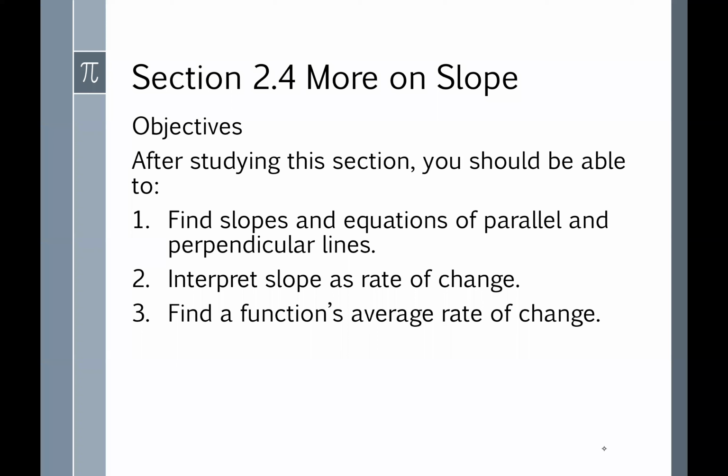But for any function, we can find a rate of change between 2 points. How can we do that? We can take the 2 points, draw a line, and find the slope. So the rate of change of a function can be found by finding the slope of the line that connects those 2 points. And then we'll do that to find a function's average rate of change between 2 points.